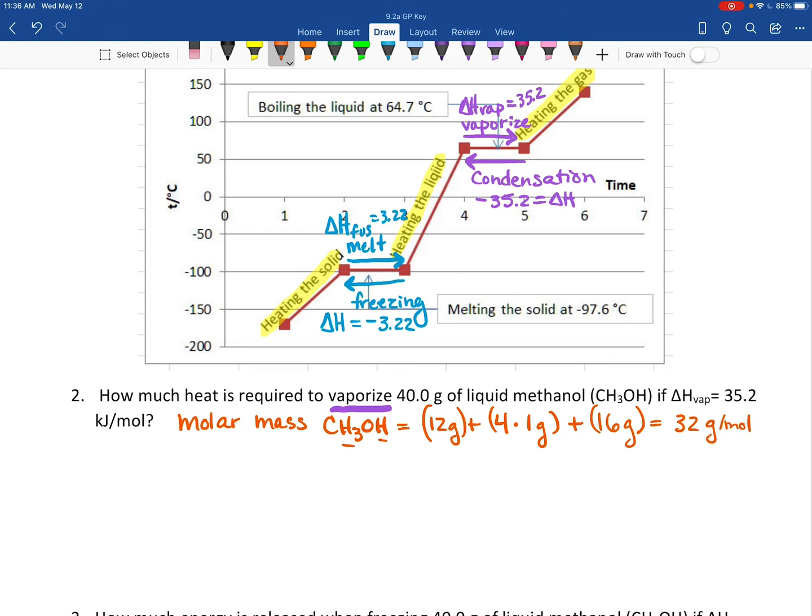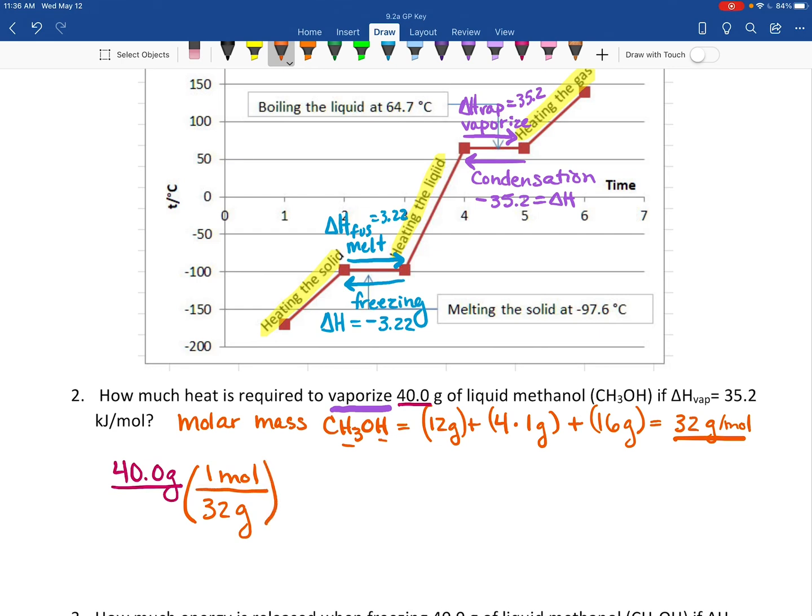Double check that in your calculator. And at any point along here, pause, try to work a problem, unpause, watch how it's done. All right, so we're going to take that 40 grams that we're given. We're going to start off with the 40 grams of methanol. We're only working with methanol, so we can just do that. We're going to take our 32 grams per mole, so 32 grams is going to go on the bottom to cancel grams on the top per 1 mole.